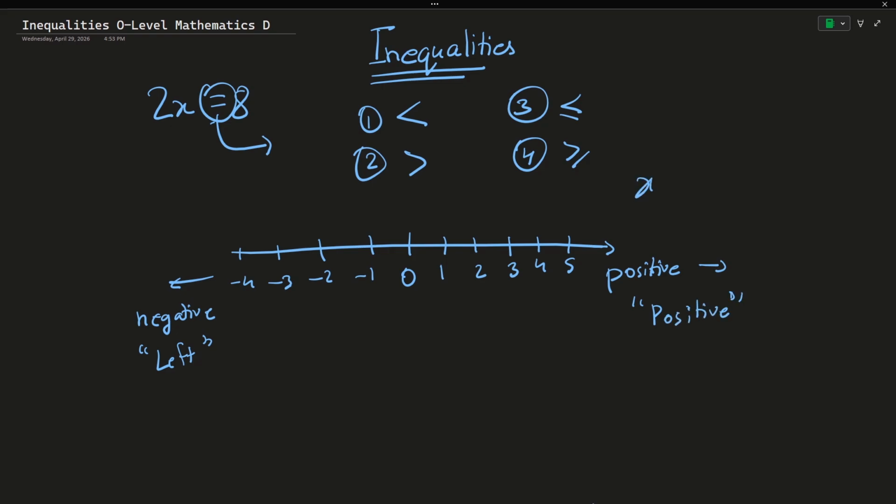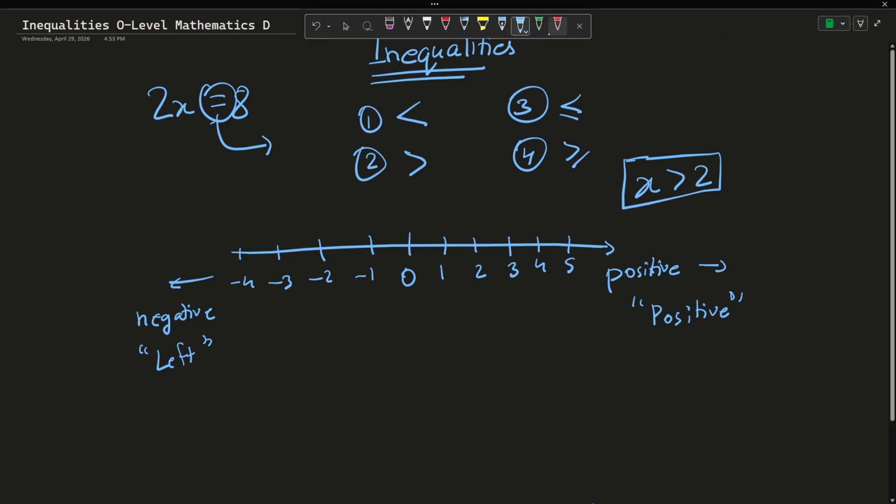Let's say we have the expression x is greater than 2. Now the question is, how do you represent this on the number line? And number lines are a very common question in both your O-level and IGCSE question papers. And let me use a different brush so that you guys can understand it better.